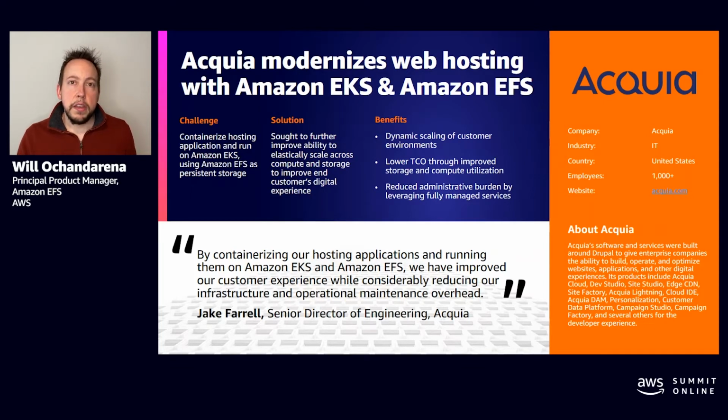They recently migrated from using EC2 instances to using Amazon EKS to simplify the running of each of their customer container environments. And they use Amazon Elastic File System as a way to make it easy to manage storage in each of those customer environments. And by doing this, they were able to get two main benefits. First, they simplified the operations of their environment, making it easier for them to onboard new customers and manage customer operations. And two is they made it easier to scale up and down an individual customer environment as the load on that customer site changed.